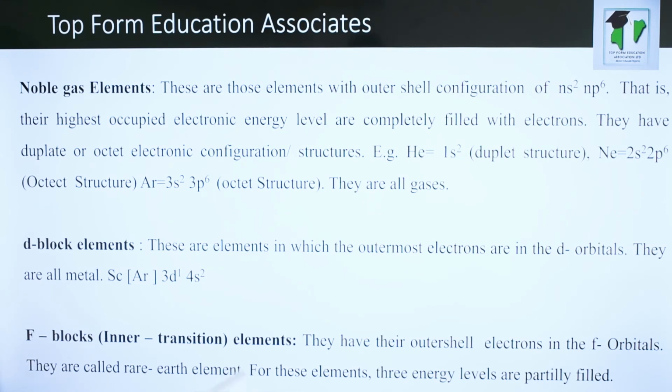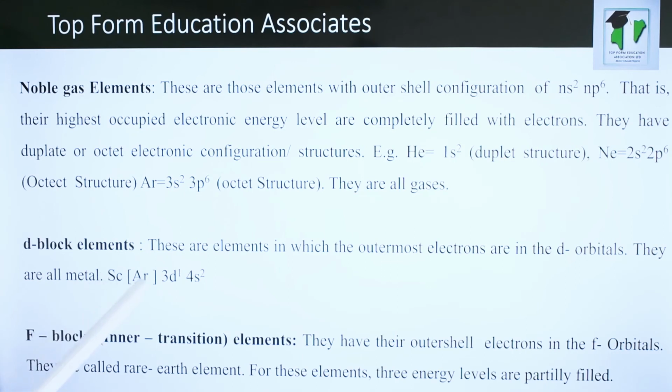They fall in between group 2 and group 3 of the periodic table. An example of the D block element is scandium. Another example is platinum, manganese, lead, arsenic. All these are examples of transition metals, which are the D block elements.